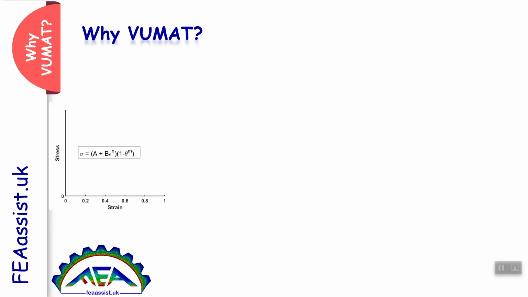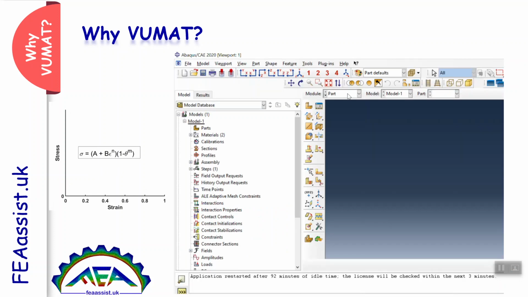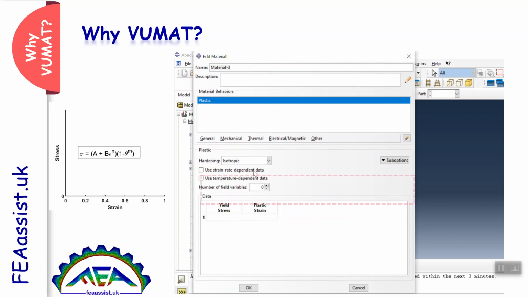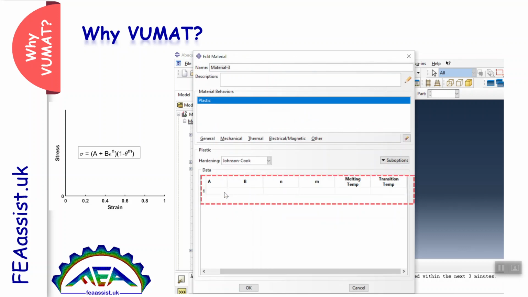If you want to solve your problem more precisely, then you need to have the constitutive behavior or constitutive equation of your material. Your material mechanically obeys some rules. If you have an equation and the equation is included in Abaqus, then you can go to the Abaqus property, materials, mechanical, and instead of entering the points, define the behavior.